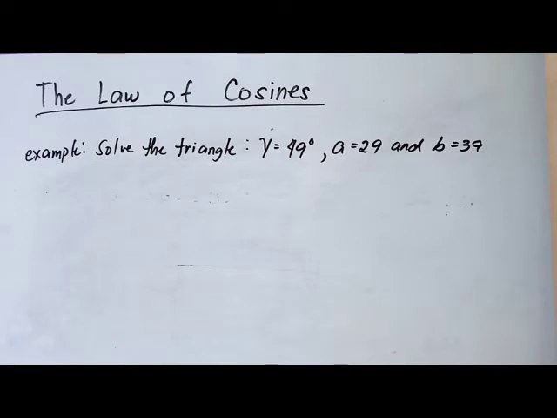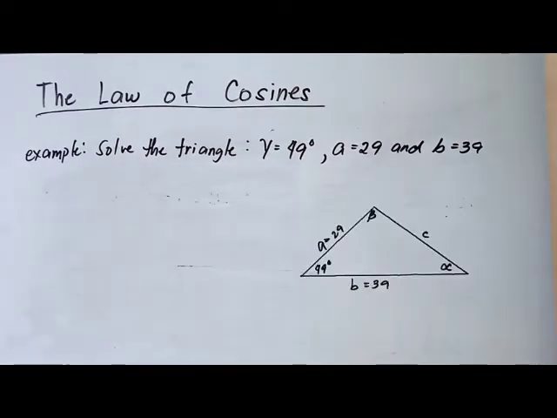So let us have an example. Solve the triangle where angle gamma is equal to 49 degrees, side A is equal to 29 and B is equal to 39. So you can already draw the triangle and locate the given measurements para mas ma-imagine nyo yung kalalabasan.